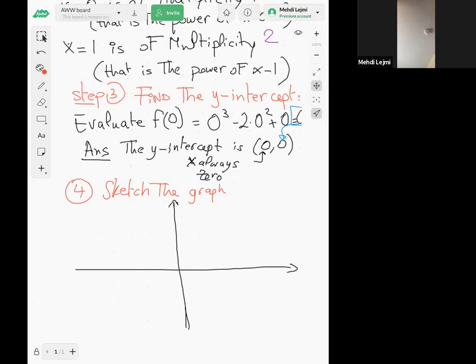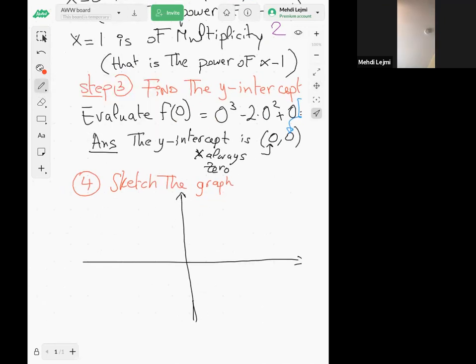So it's supposed to start from the bottom, down here, and then the graph is going to be at positive infinity right here. That's the behavior of f of x at infinity.